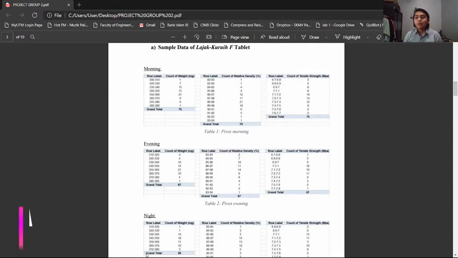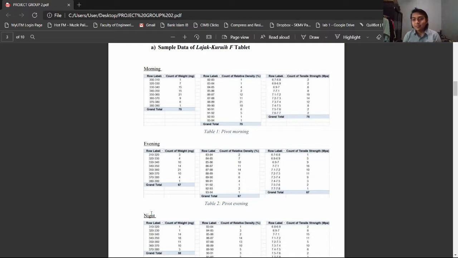Bismillahirrahmanirrahim. I will explain about part A first. Firstly, for the data given, we must separate by each group, which are morning, evening and night. By using a pivot table in Microsoft Excel, we can summarize all 200 sets of the data given and easily construct the frequency data.